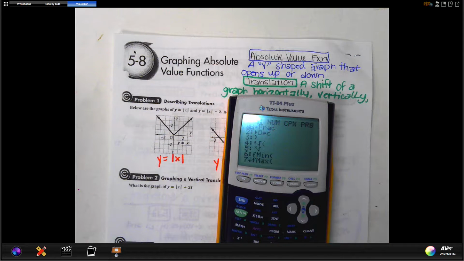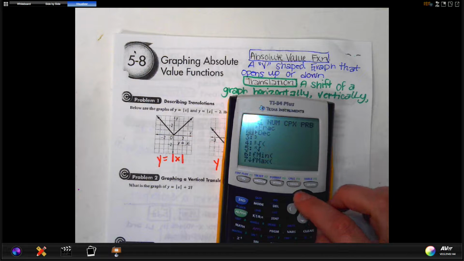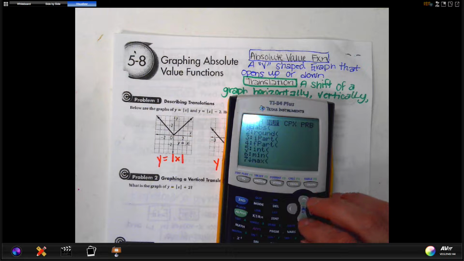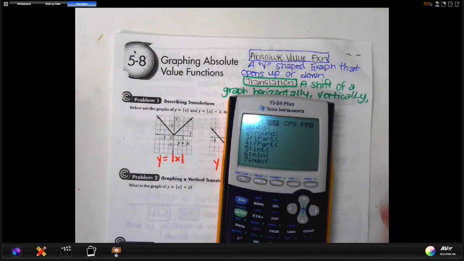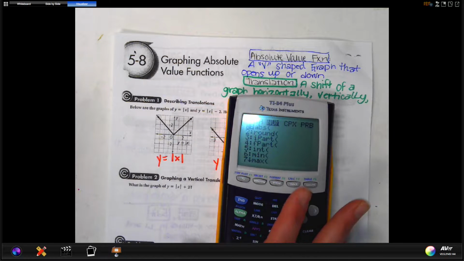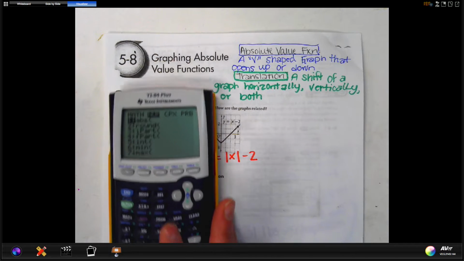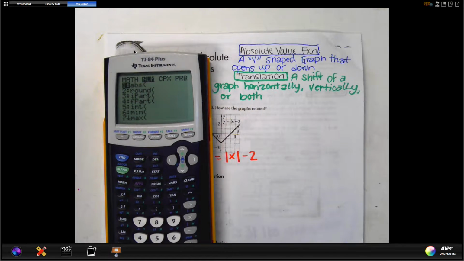If you press math, and then you scroll over, and then it says NUM, see it? Can you see that better now? Yeah. Okay, so the first one says abs. That stands for absolute value, not your abs in your stomach, okay?